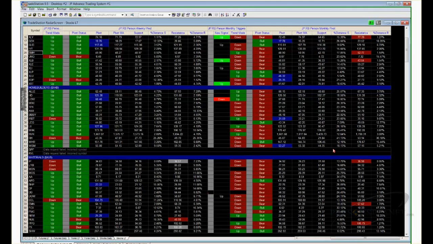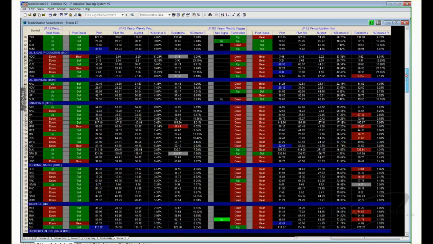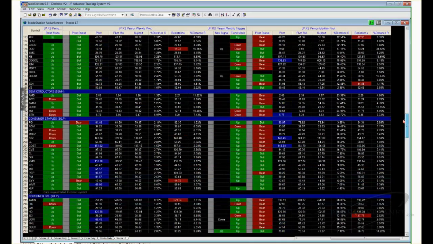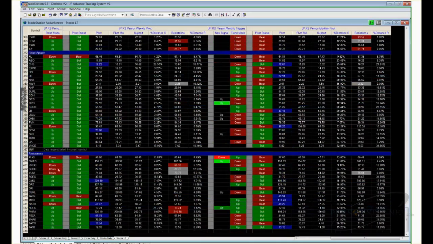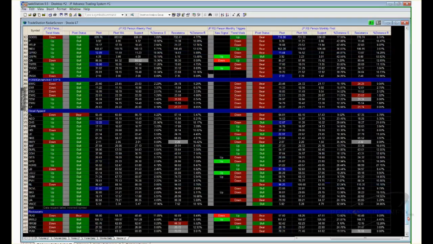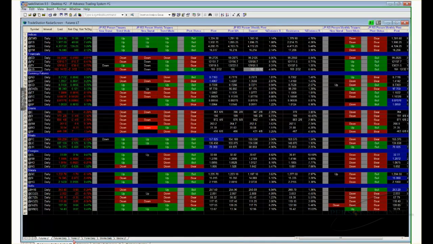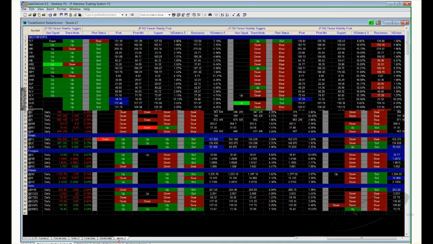So it color codes within one snap of a finger. I know exactly the location of stocks, where they are in relationship to their targeted highs and lows for the month. And we've broken it down to a lot of different sectors. We do this for futures as well, just to share with you that.